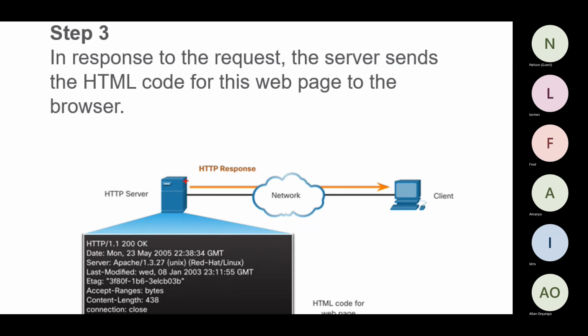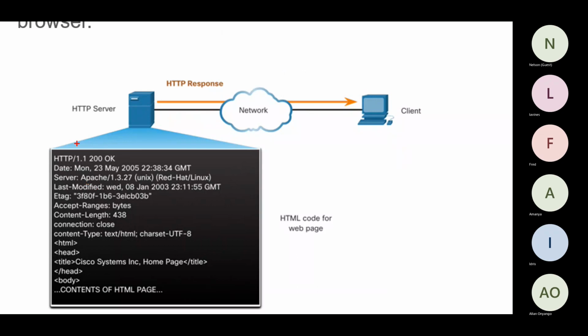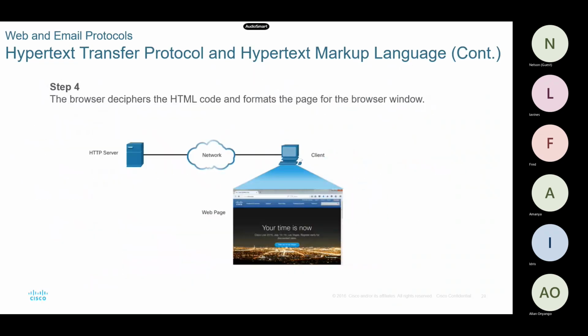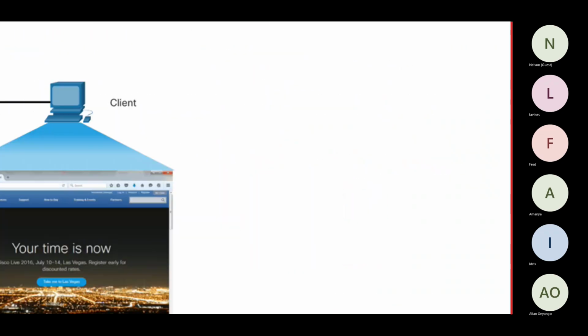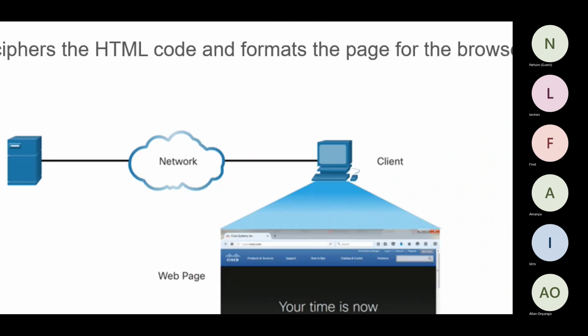The only problem is that the response will always be HTML code from the web server. Only programmers will understand this. The normal human being might have a hard time interpreting this, but you need your browser to interpret it. That is where the web browser comes in handy.